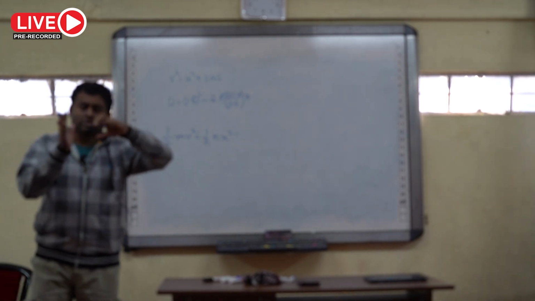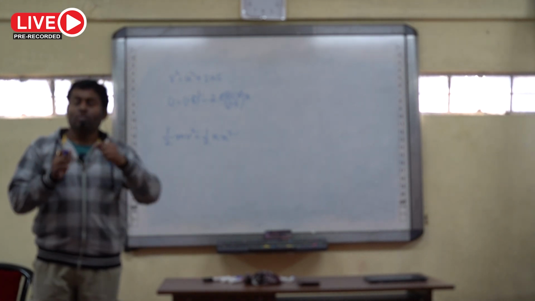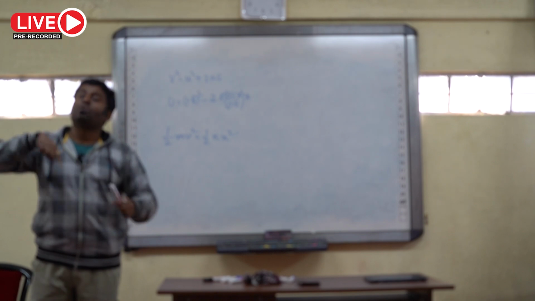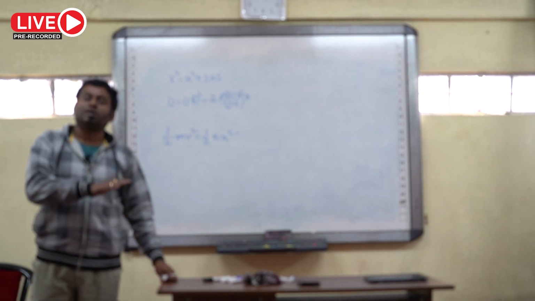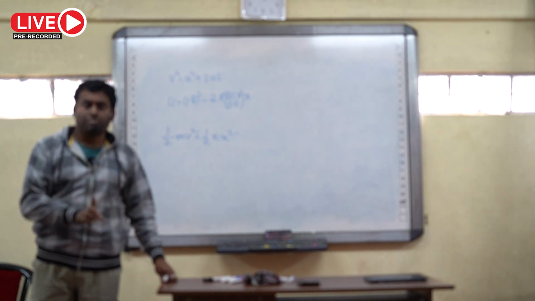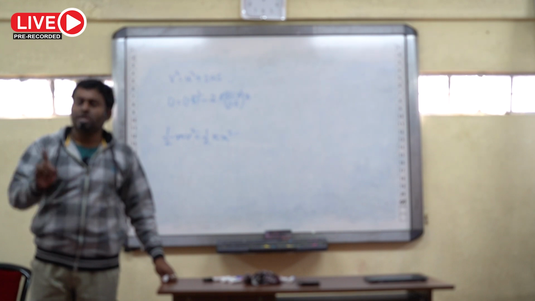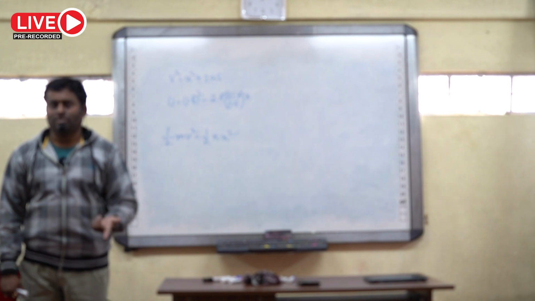So the ball is striking the spring with this kinetic energy. When the entire kinetic energy of the ball is gone, comes to zero, then it is totally converted to the potential energy of the compressed spring. So it will be half kx square, and the compression of the spring will become maximum.